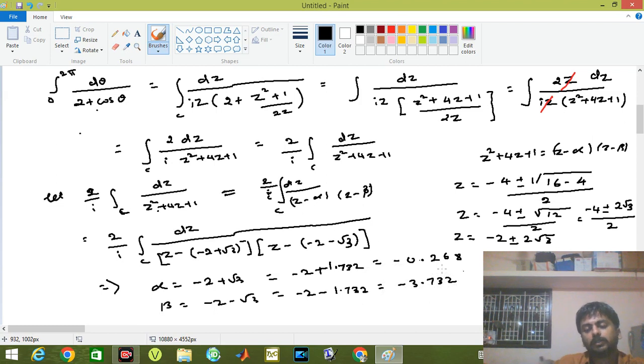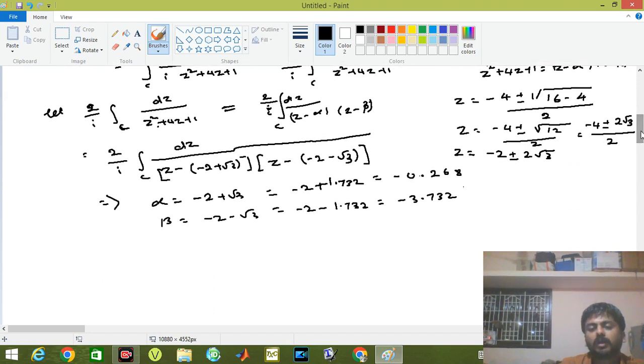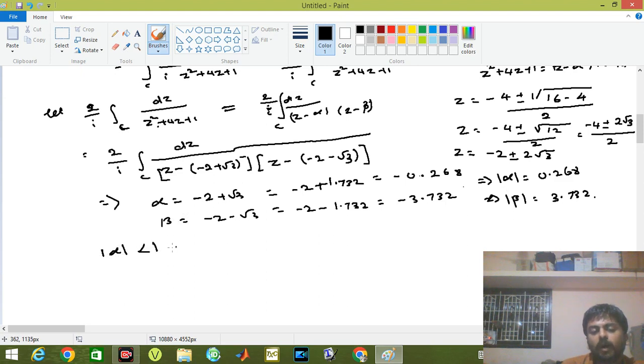Now we have to take the smallest values for alpha and beta. So it implies modulus of alpha equal to 0.268 and modulus of beta equal to 3.732. So they imply modulus of alpha less than 1 and modulus of beta greater than 1.